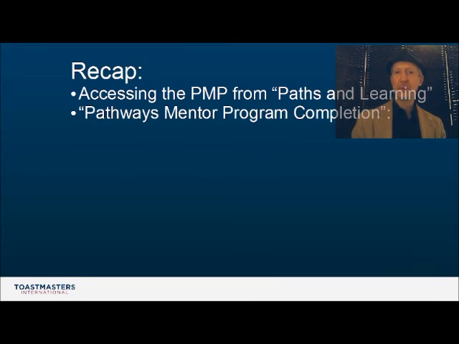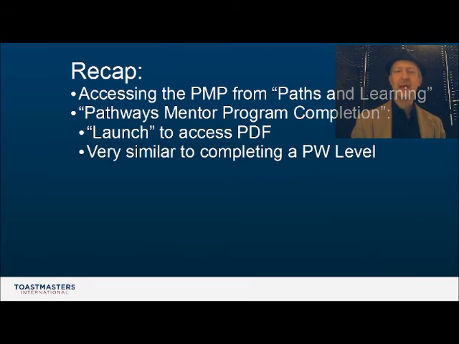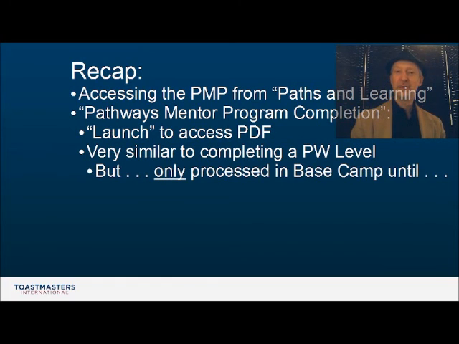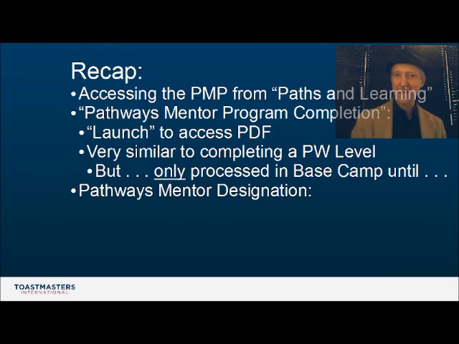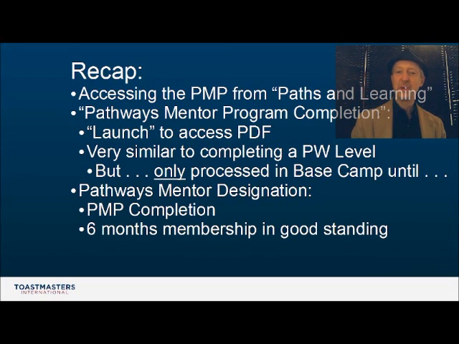Pathways Mentor Program completion, how to launch to access the PDF, how it's very similar to completing a Pathways level, but you only process this in Basecamp until you actually have the criteria met for the Pathways Mentor Designation, which includes Pathways Mentor Program completion, 6 months membership in good standing, having completed an entire path.